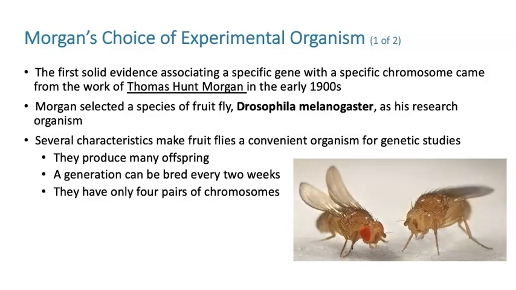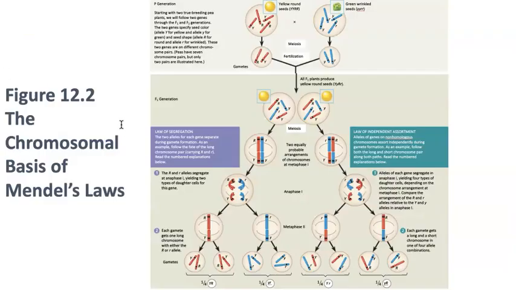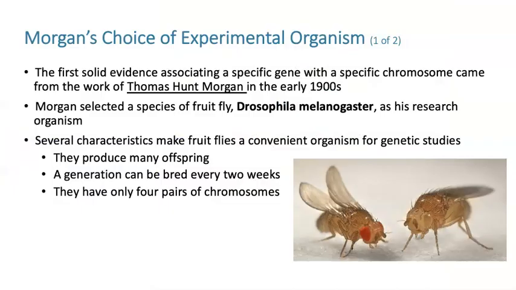In the case of fruit flies, every 2 weeks you have a new generation. And importantly, they only have 4 pairs of chromosomes. If we look up here in this example, there were 2 pairs of chromosomes. So 4 pairs of chromosomes is pretty good. It makes things fairly easy. Unlike us, where we have 23 pairs of chromosomes, things can get pretty complicated pretty quickly.